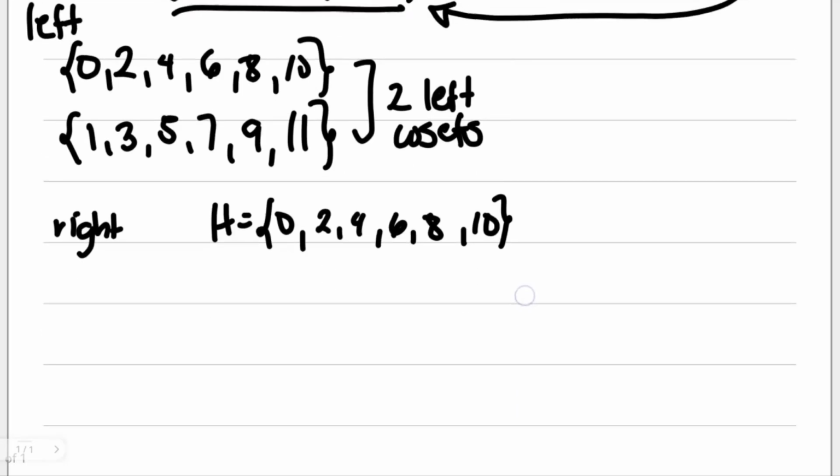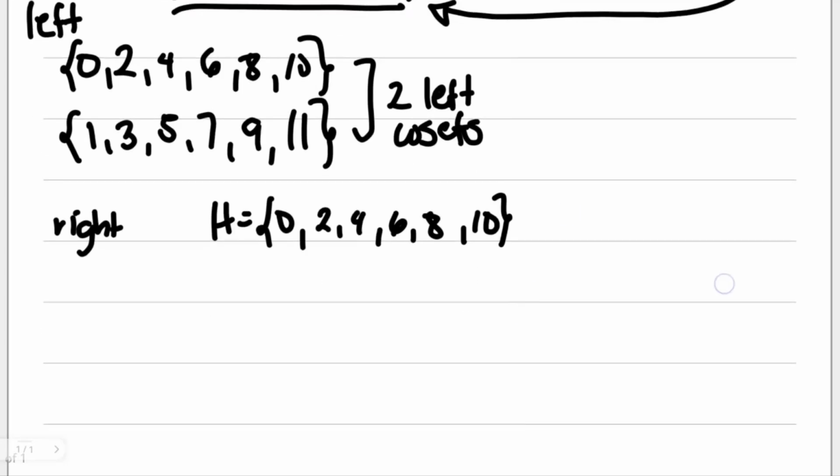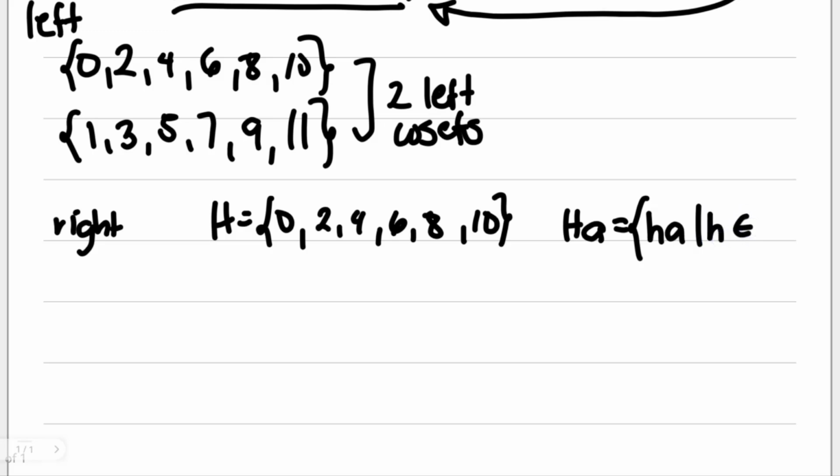So for our right cosets, it will look like this. You're going to have H and A. This means we're going to operate H times A for all H element of our subgroup here, and all A element of our Z12.